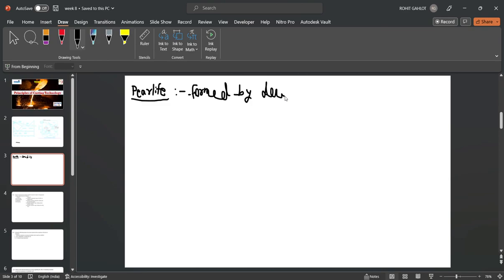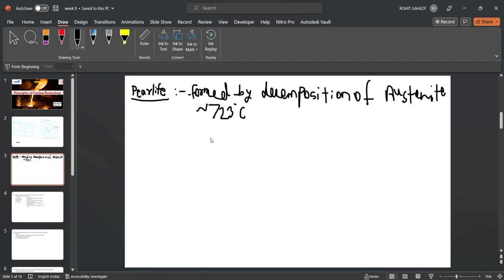It is formed by the decomposition of austenite around 723 degrees centigrade.